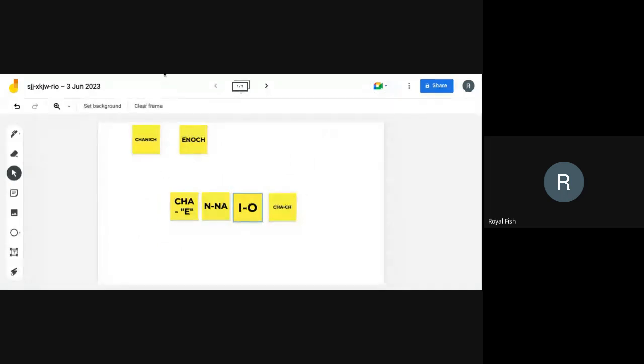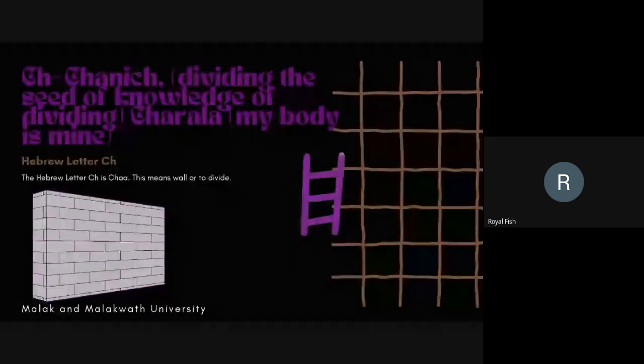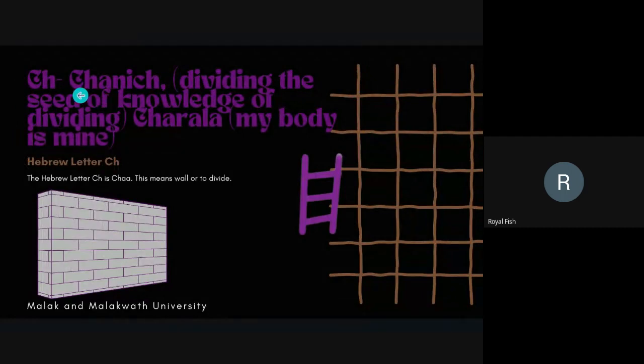So I'm gonna go back over here, share this tab to our PowerPoint. I wrote down Kanike, and I just wanted to show you why I have this here before we go into it. It means dividing the seed of knowledge of dividing. I know that sounds very strange. So I'm gonna break this down because it's not hard.